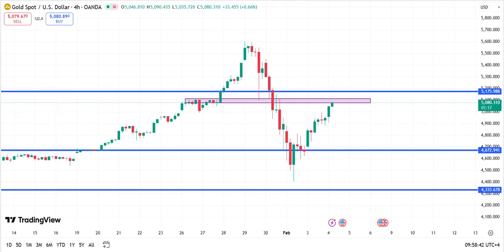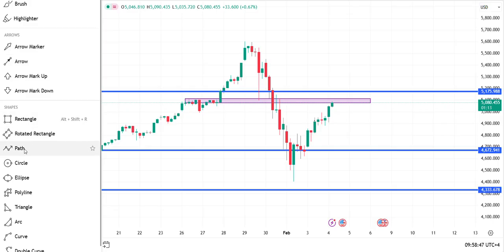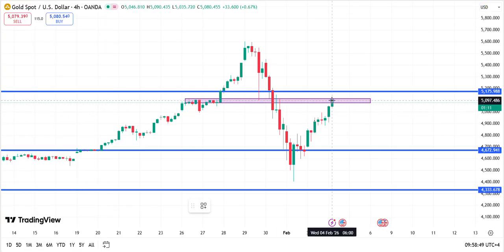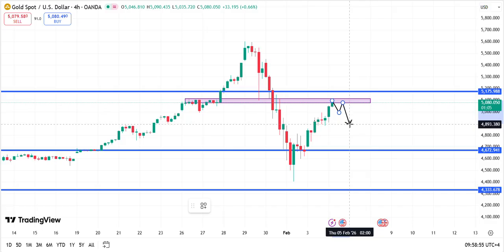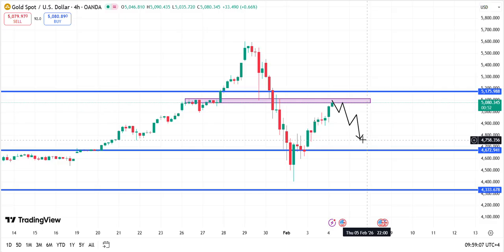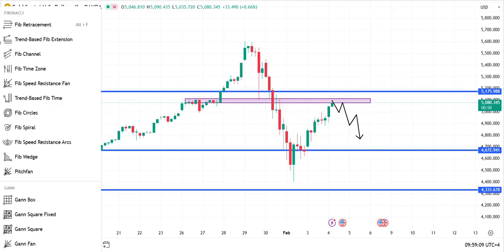So also let me just do the proper marking for you guys, how the market can behave. So this is what I am expecting from the market. This is how I am expecting the market to behave for the day.